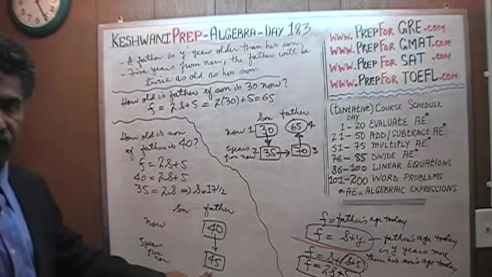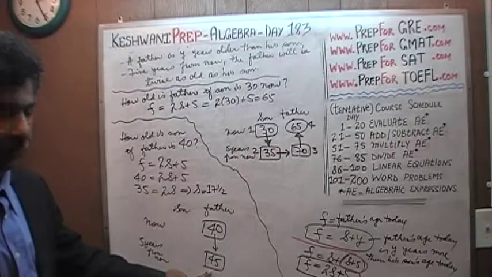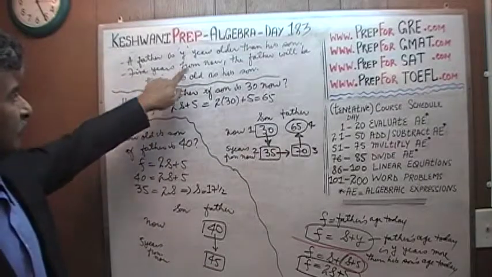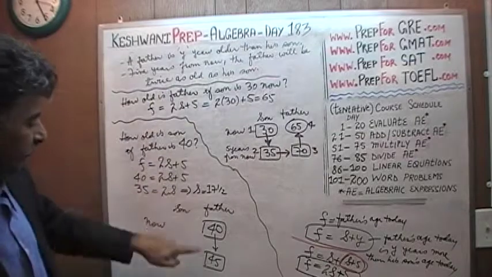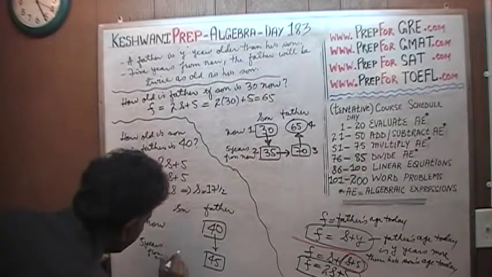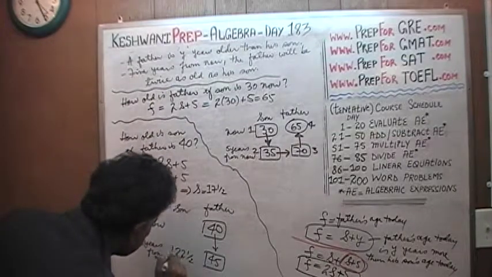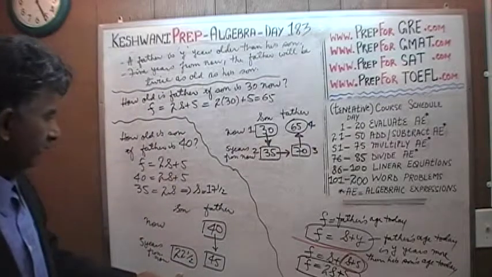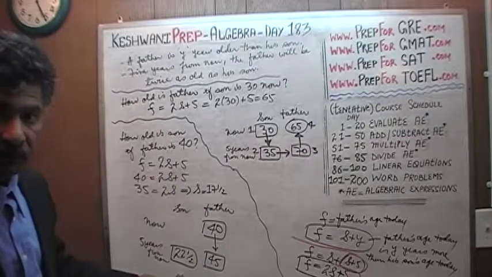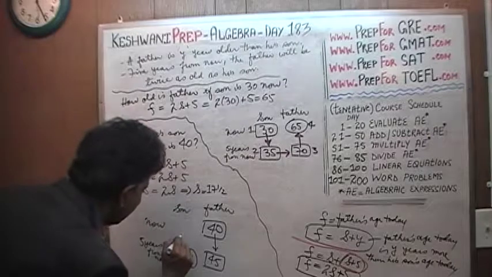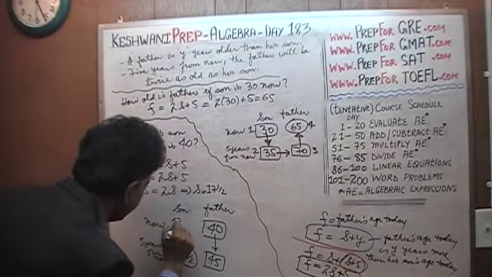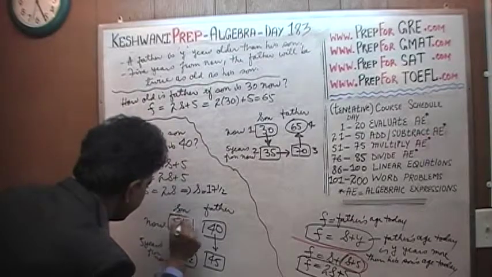Well, if father is 45 5 years from now, and we are told that at 5 years from now, father is twice as old as son, and if he's 45, his son must be 22.5. Well, if his son is 22.5 years old 5 years from now, then today he must be 17.5. Voila.